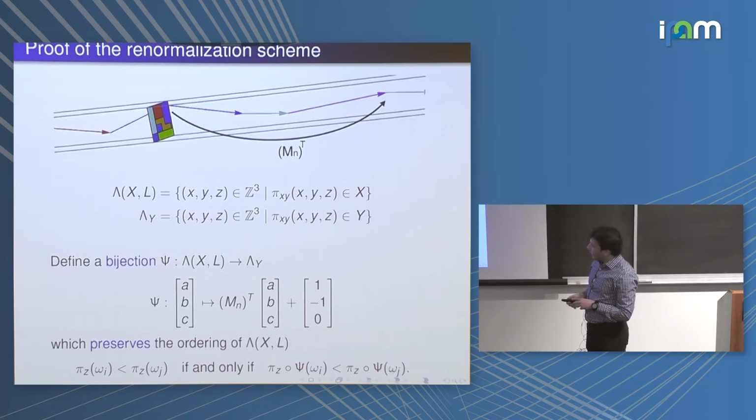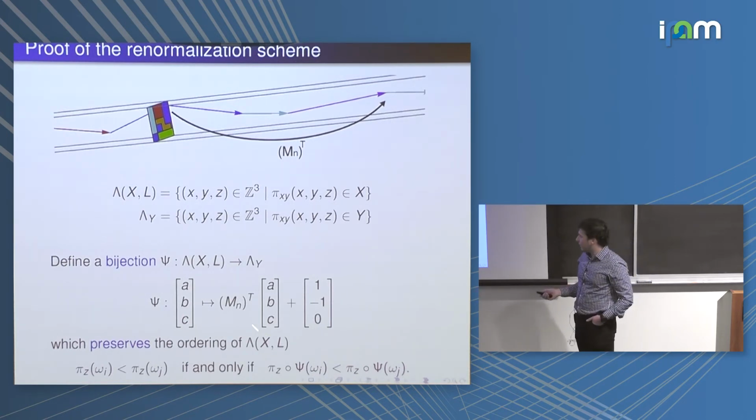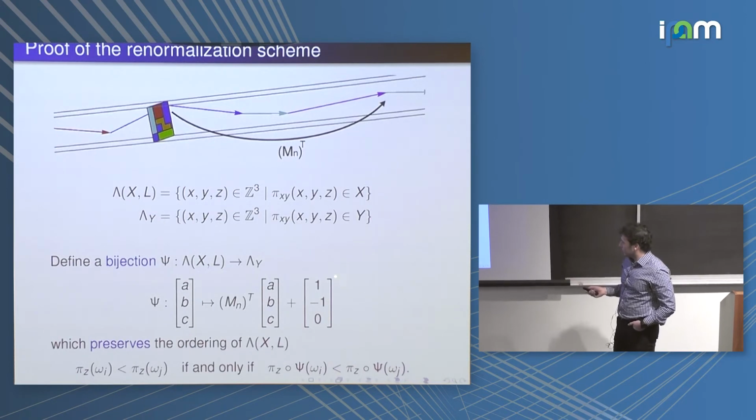And it turns out that you can define a bijection between the points in lambda of x and lambda of y. And you use this matrix Mn, which is an integer matrix, which I mentioned before. So if we take a triple of integer points a, b, and c, then it just gets mapped to Mn transpose applied to a, b, c, plus this translation 1 minus 1, 0.